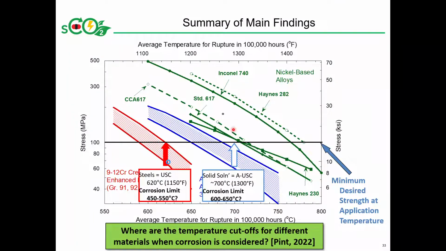They're designed to run at 700 degrees C, but the corrosion limit might bump it down a little bit. And the same for the age-hardenable AUSC alloys that were designed for 760 degree operation. Maybe the corrosion limit has to drop down a little bit further.